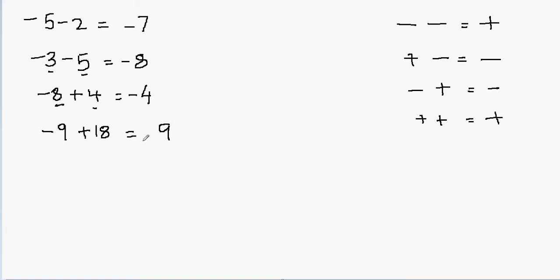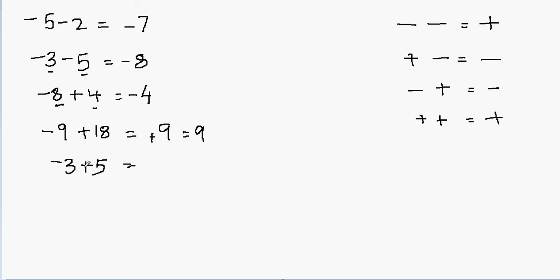And then I have to keep the sign of the greater number. 18 is greater, and 18 has the positive sign in front of it this time, so this number will stay positive. I don't have to write the positive sign in front of it because any number written without a sign is always considered positive. So this is 9.